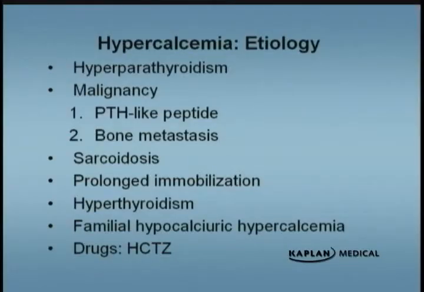So those are the two most important causes of hypercalcemia, but for the boards and clinically, we have to remember a couple of other causes that sometimes they ask us about. So the other one is sarcoidosis. Now sarcoidosis is very common, and patients with sarcoidosis develop hypercalcemia basically by activating vitamin D through the macrophages, through the granulomas.